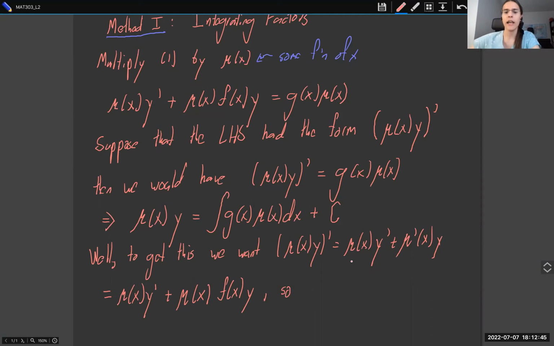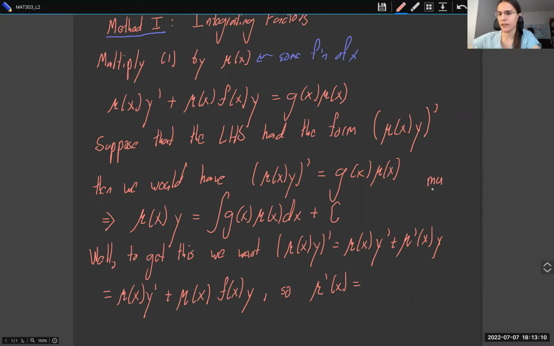So in particular, what's the interesting equality that we get? What two things do we need to equal each other? If we had mu prime equal to mu of x times f of x. Perfect. So it's not u, it's mu. It's spelt mu.